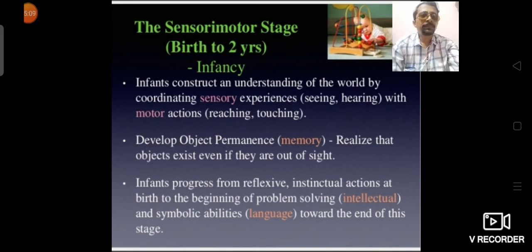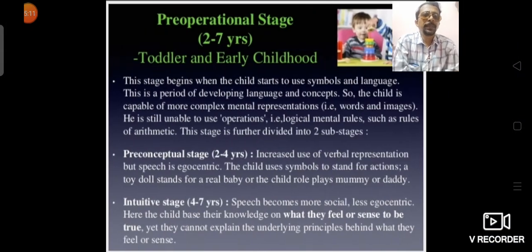Next, my dear students, the pre-operational stage. It is from 2 to 7 years. Here, toddlers and early childhood children are coming. This stage begins when the child starts to use symbols and language.